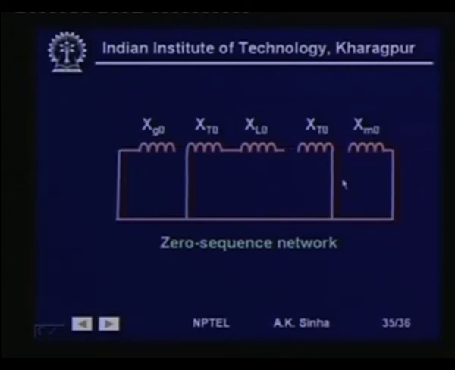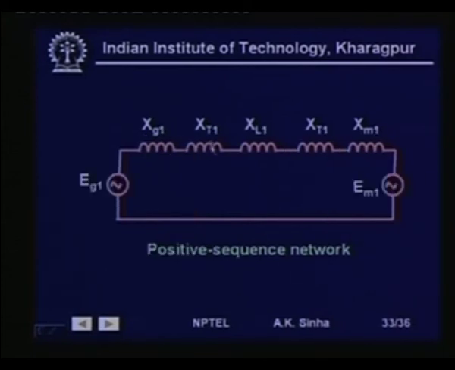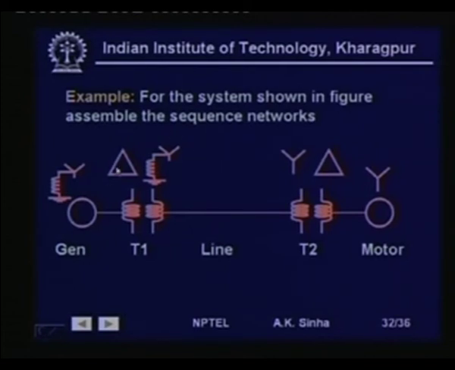In case of zero sequence, we have the zero sequence reactance of the generator. The transformer, as we see here, is delta on this side, so this side is grounded, meaning connected to the reference, and this side is star grounded, so it is connected towards the line.